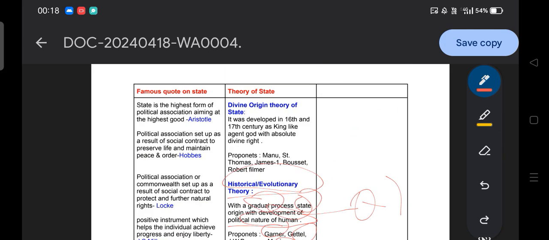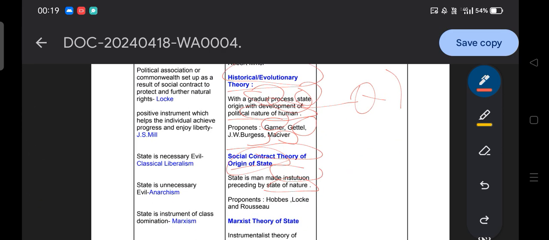Unlike the divine origin theory, which says the state is created by God in a divine, natural way, in the social contract theory the state is created by man, and it is accountable to the people, because it is created by the people for the protection of their rights, life, liberty and property.